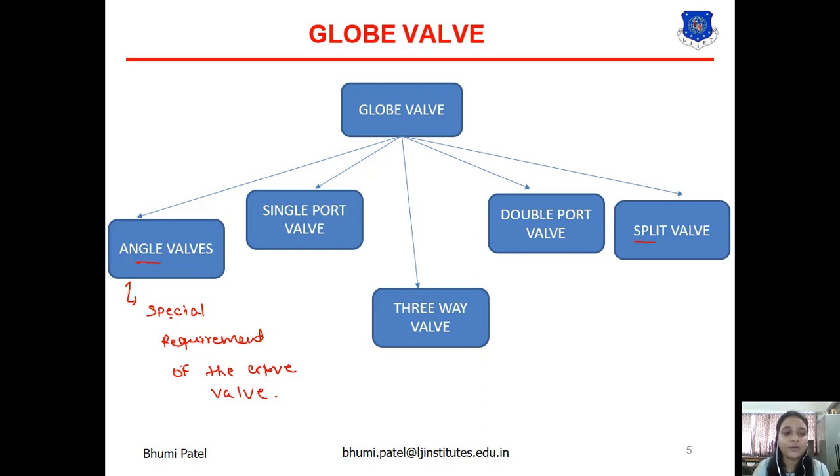Here the single port valve, double port valve and three-way valve are the common types of globe valve. So we will explain the valves one by one.